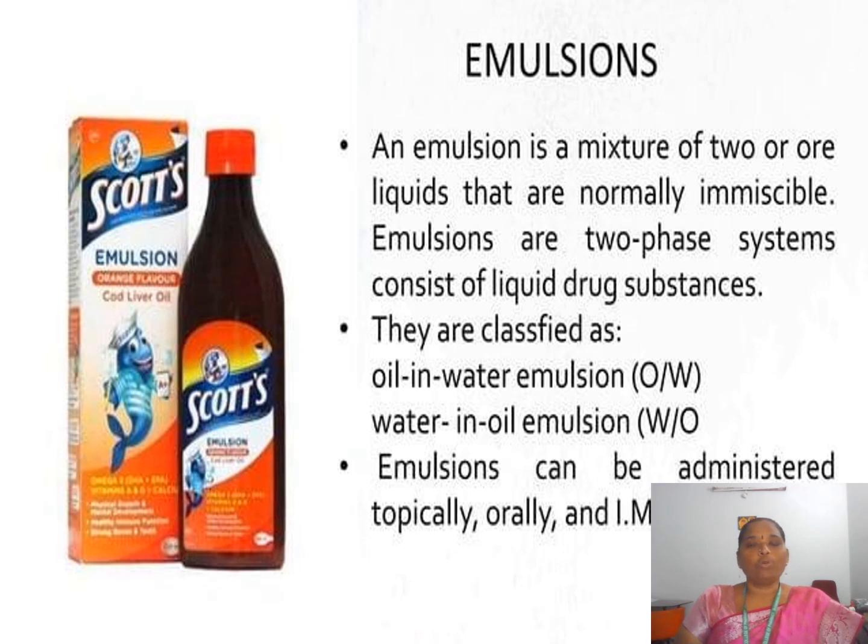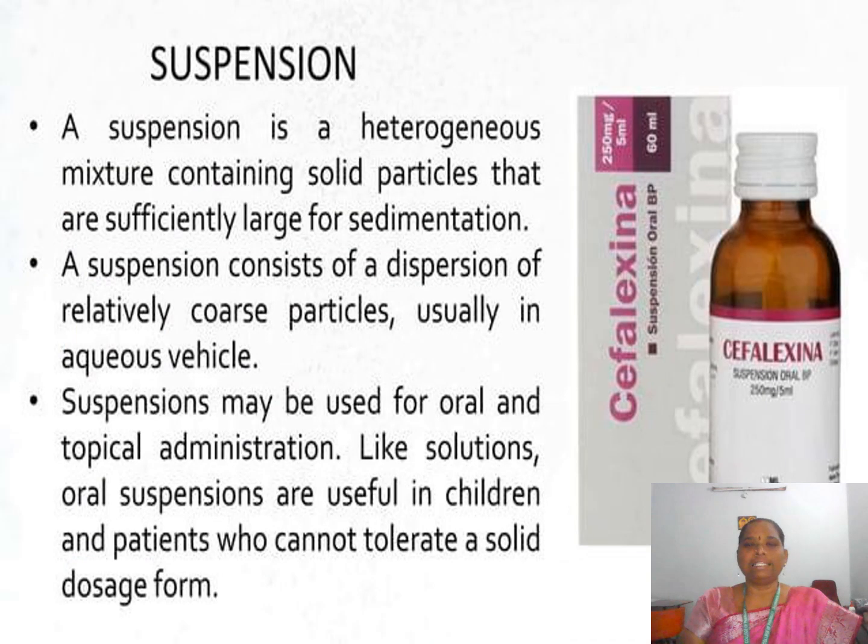Emulsions are homogeneous biphasic liquid dosage forms. They are classified into many types like oil in water, water in oil, multiple emulsions, microemulsions, and nanoemulsions. Emulsions can be administered orally, topically, and intramuscularly, as injections.